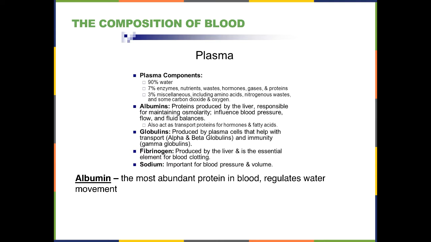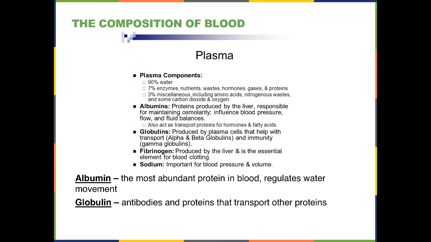Now, we've talked about osmosis before, but osmosis is the ability of a material to hold fluid within the blood vessels. Blood vessels are semi-permeable membranes, and they hold water. The water is held in the blood vessel by the presence of the albumin, one of the things that holds it in there.